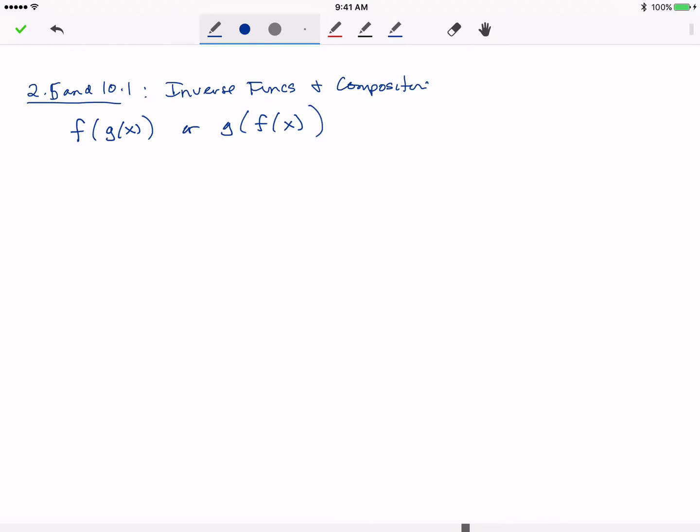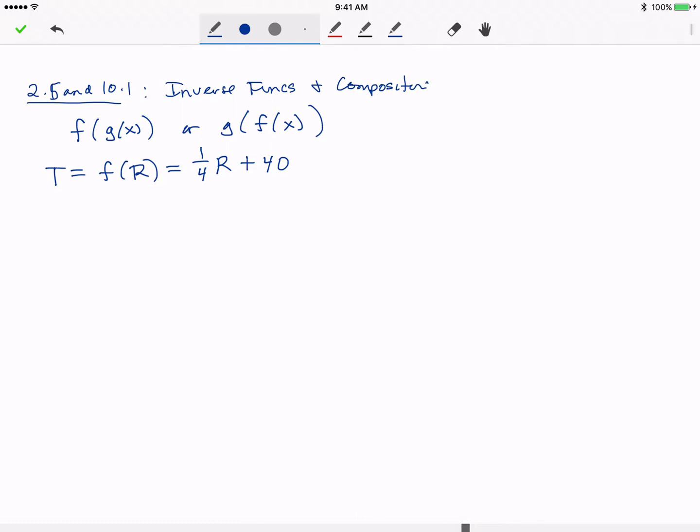So let me start with the idea of an inverse function with a pretty straightforward example. This is an example we've revisited several times now: we have a formula that takes the chirp rate of some crickets and uses it to predict the temperature outside.